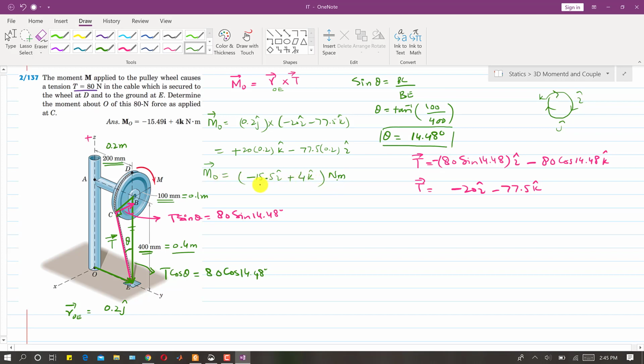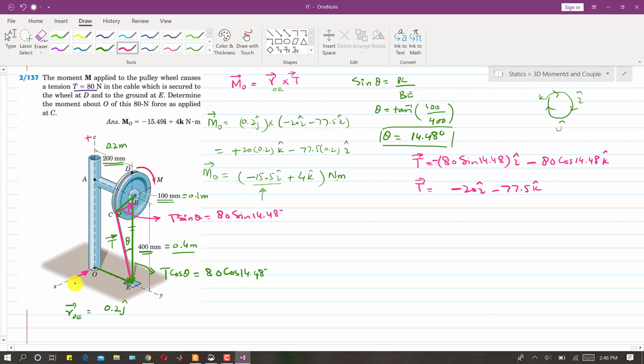The component of this moment about i is clockwise. If we want to draw the direction of this Mx component, it will be in the negative i direction, and we should curl our fingers in such a way that our thumb points in this direction.